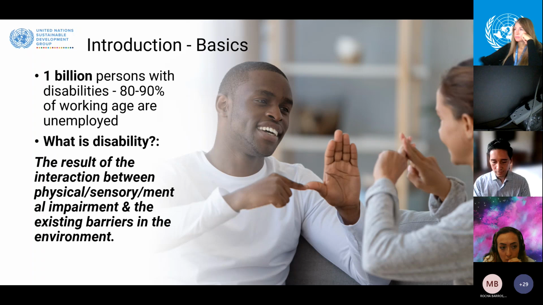The United Nations Convention on the Rights of Persons with Disabilities, or the CRPD, defines universal design as the design of a product or an environment to be usable by all people to the greatest extent possible, without the need for adaptations or specialized design.